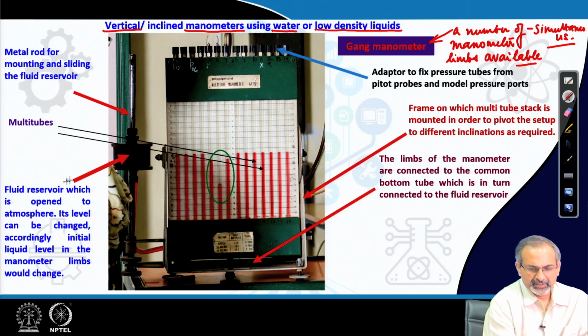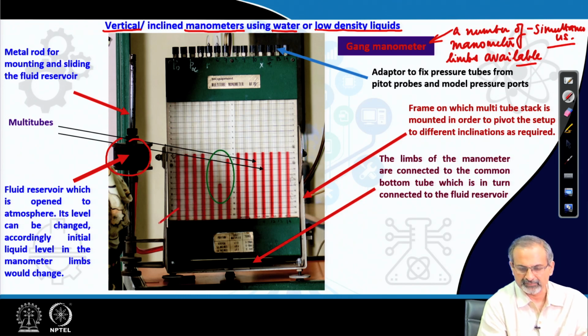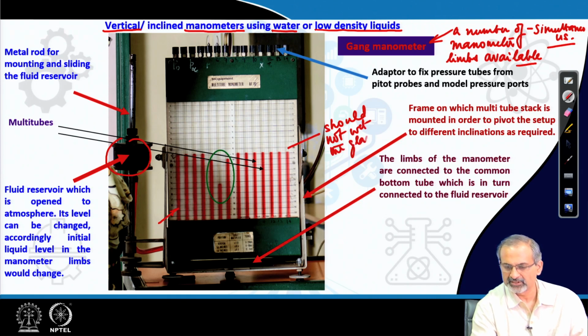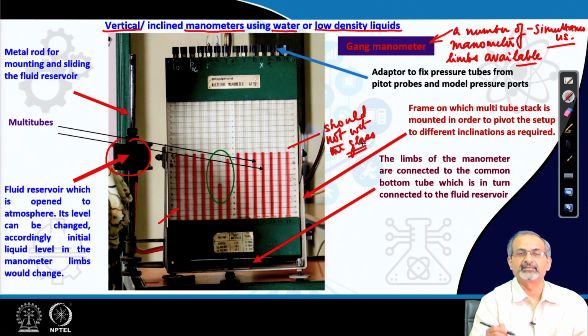So, a very important component is this fluid reservoir, which contains the fluid. Here the fluid happens to be a proprietary fluid which has a color, red color, and the fluid also has to have favorable properties. One of the important properties is that it should not wet the glass within which it is placed.